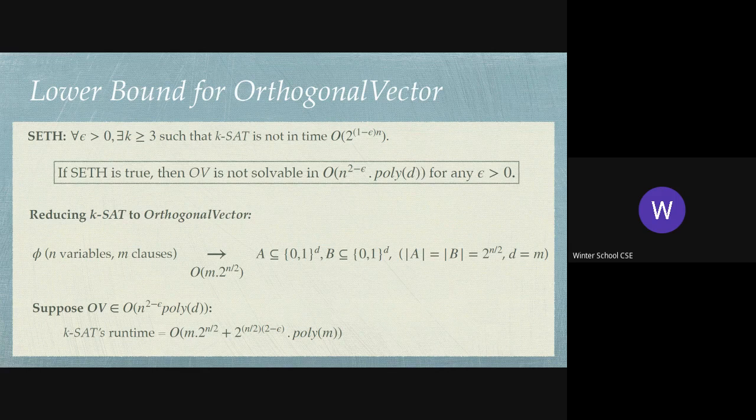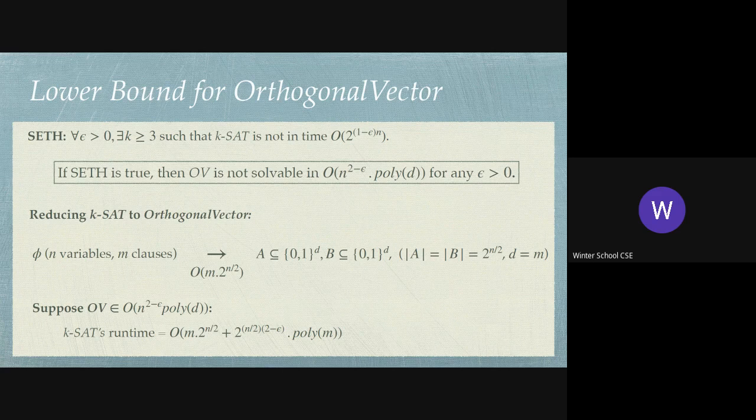And you will also need to run this algorithm for OV, right? So the algorithm that runs in time n to the 2 minus epsilon times poly d. So just replace n by 2 to the n by 2, and d by m.